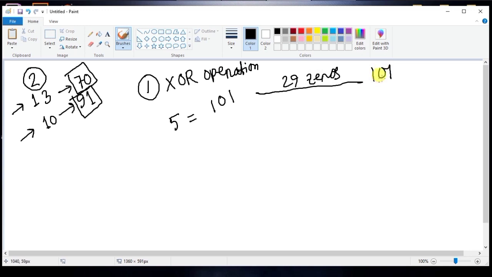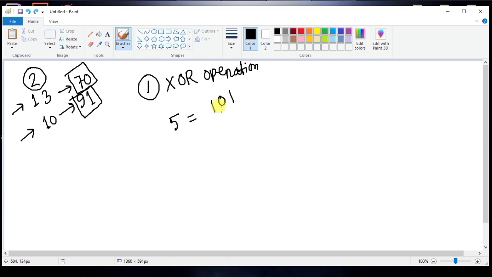This 1 represents 1, then 2, and then 4, but this bit is 0, so 2 won't be counted. 1 and 4 equals 5. I hope you all know that, so I'm not going to discuss this further.